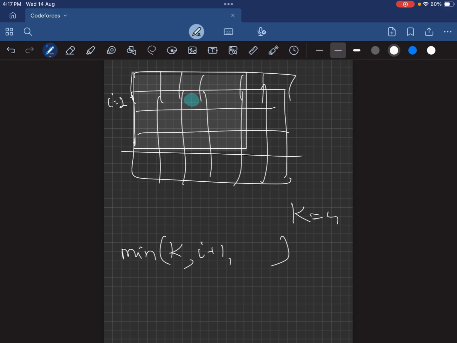On the other hand, if we take our i down below here, i is equal to, I guess it will be 4, not 4, i is equal to 3, and look at this grid.